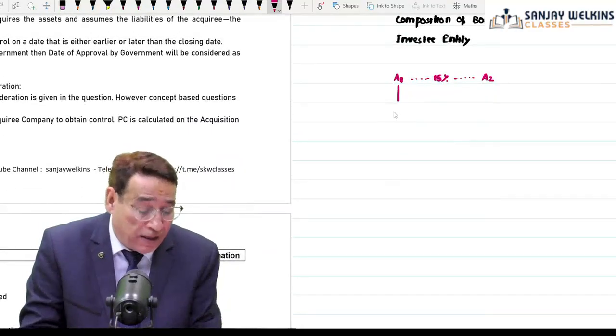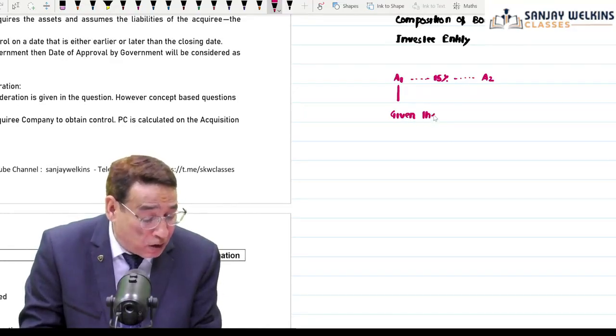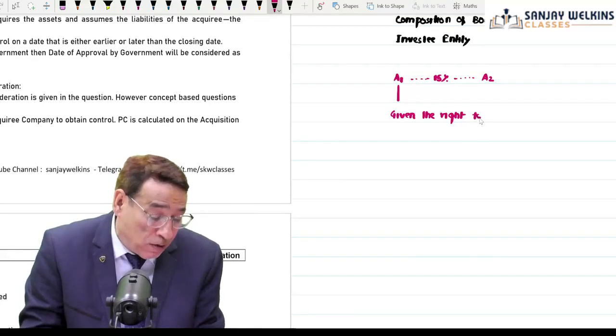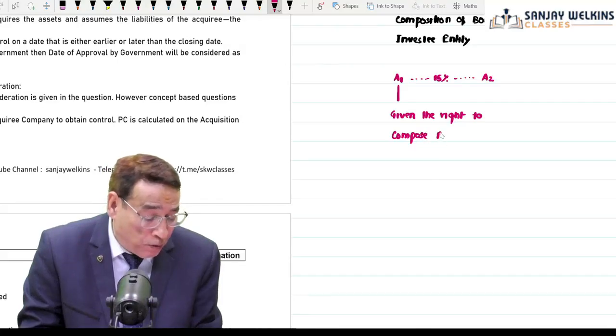So as per the agreement, let us say A1 was given the right to compose the board of directors of A2. Sometimes in practical life such agreements take place.